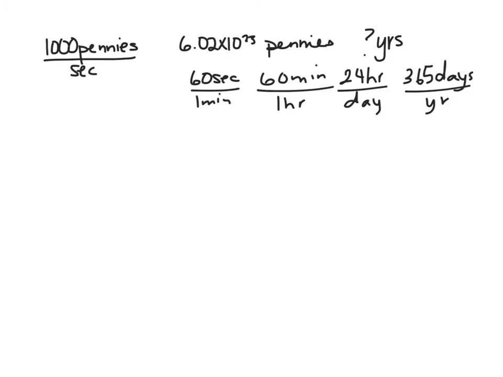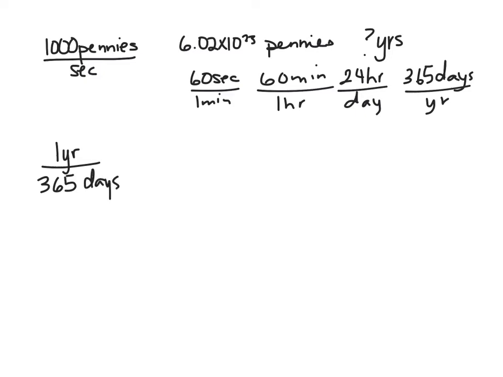So our year is what we're looking for. We want to find years. So we're going to start with a ratio that has years in it. So we're going to use this one. We're going to flip it over though, because we want the unit in our final answer to be on top.